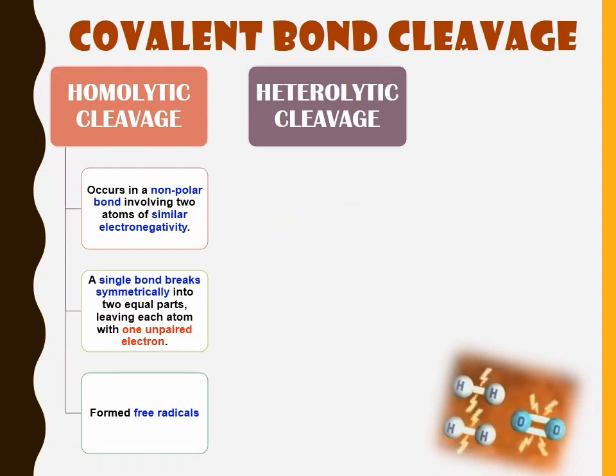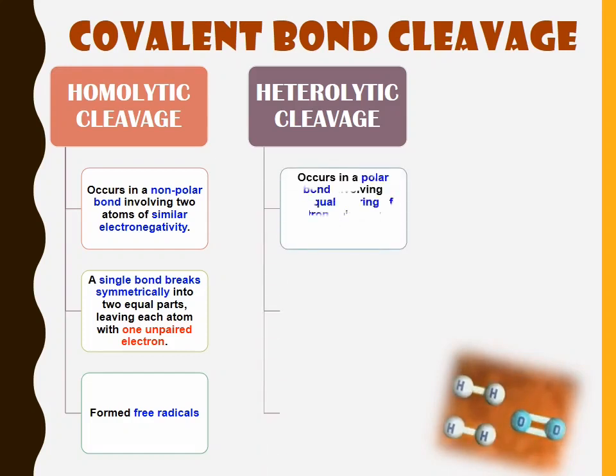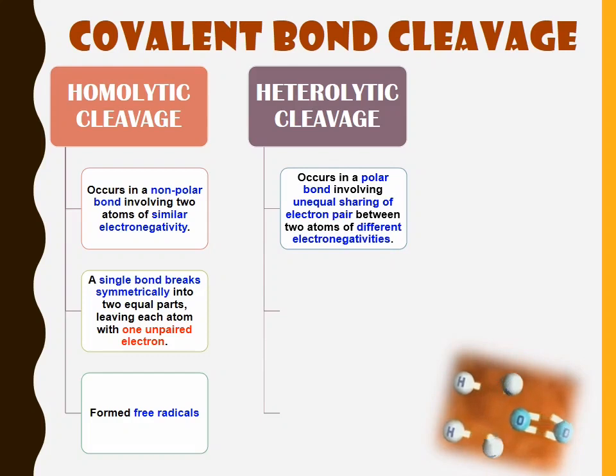Next is heterolytic cleavage. Heterolytic cleavage occurs in a polar bond involving unequal sharing of electron pair between two atoms of different electronegativity. For example, we have an HBr molecule. In the HBr molecule, bromine has higher electronegativity compared to the hydrogen atom.